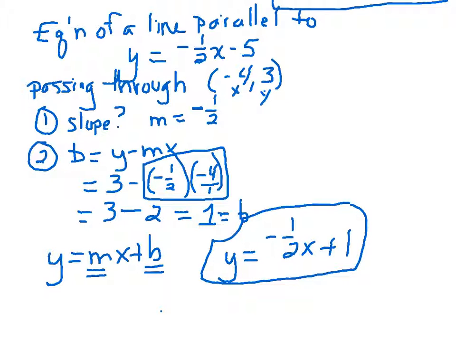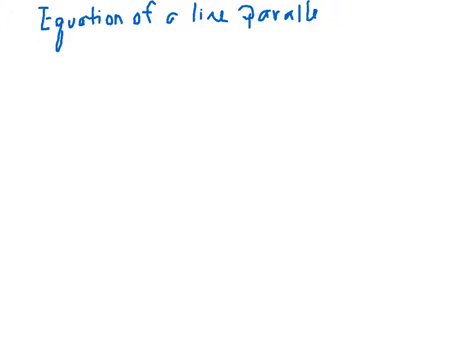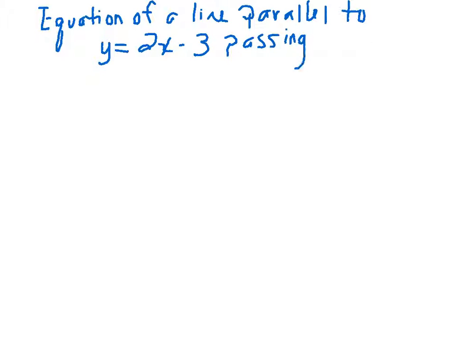Alright, let's try one more of these. Let's find the equation of a line parallel to y equals, let's just use a whole number, 2x minus 3 passing through the ordered pair negative 5, 7.